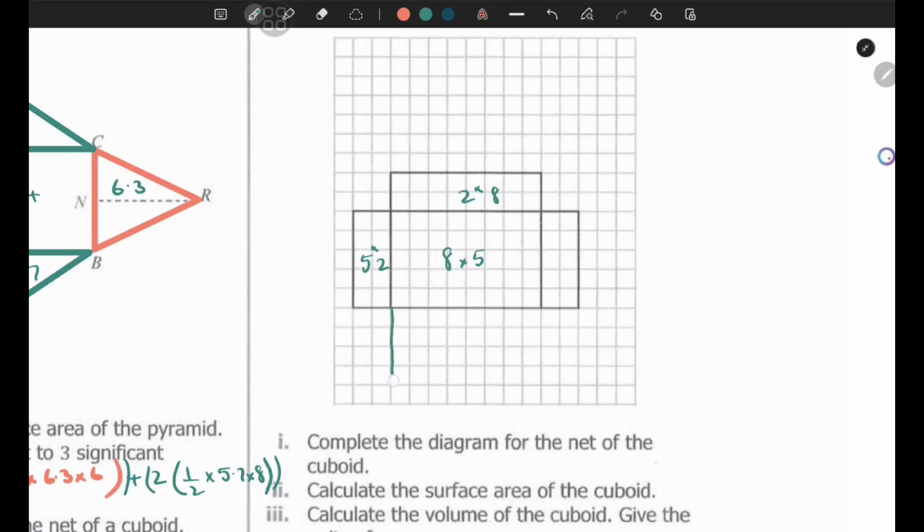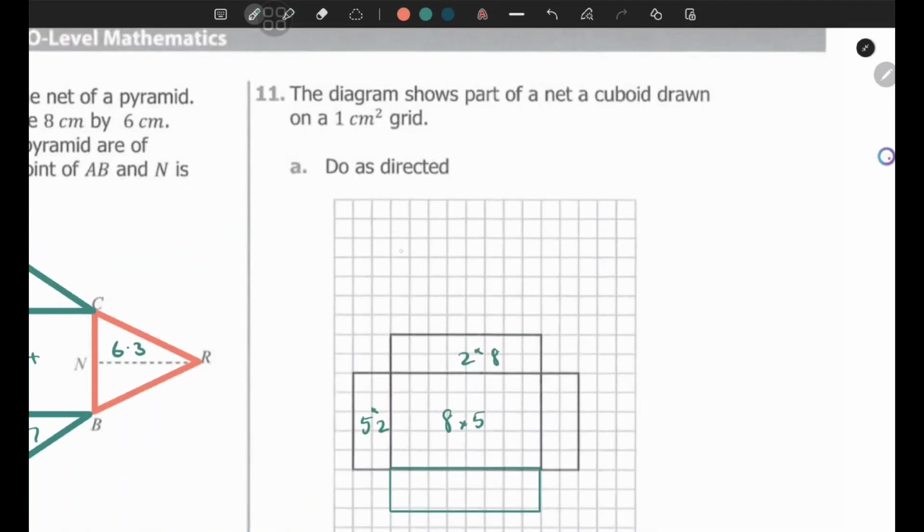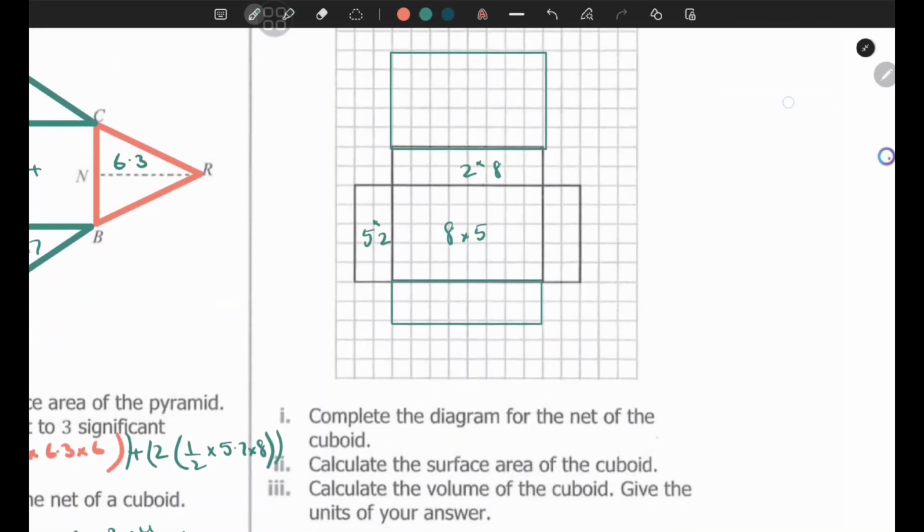So we'll make another one which is 2 by 8, and then we will make one more which is 5 by 8. That's our net diagram complete.